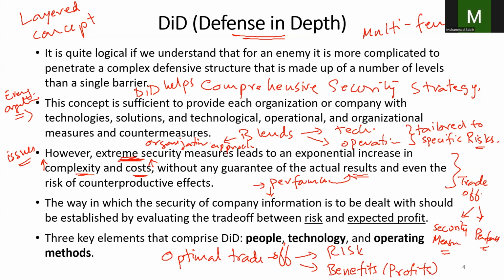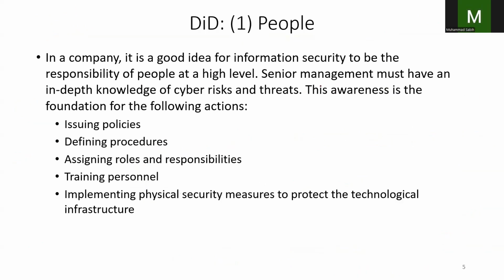In practice, this balance determines the level of security an organization should aim for. And again, DID is structured around three main elements: people, technology, and operating methods, all of which work together to provide resilience. Now we will explore them one by one.